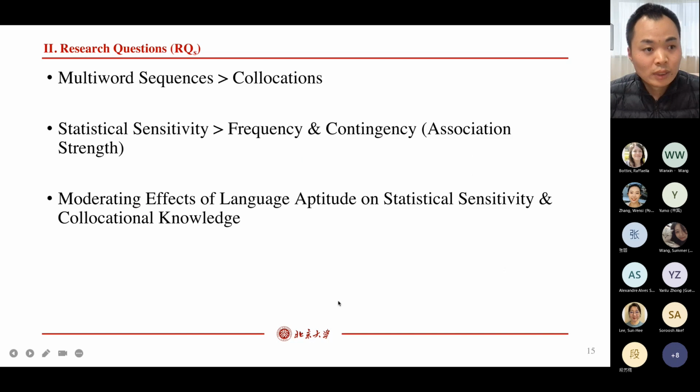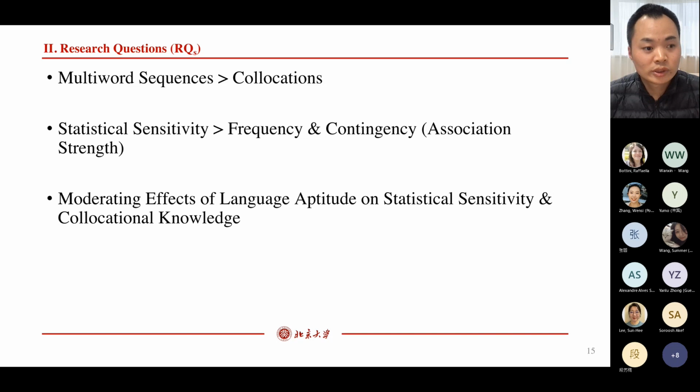So my research questions for this study come like this. First, I want to know whether L1 and L2 speakers are able to show a sensitivity to frequency and contingency underlying multiword sequences, specifically English collocations.